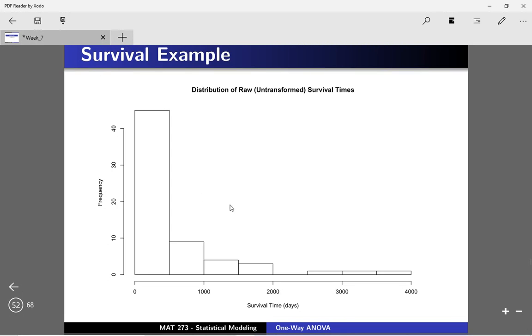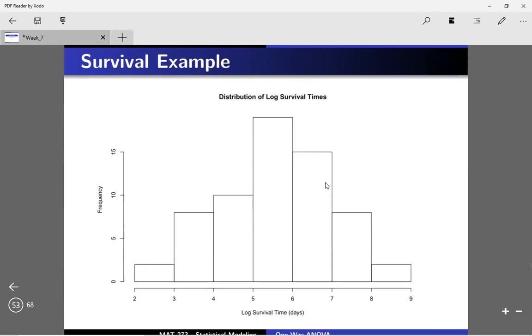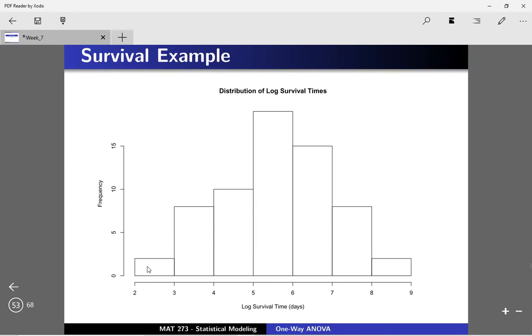So looking at this plot, it's not a very nice bell curve shape, but if we log transform, we get this nice bell curve looking thing instead. So this seems much more promising for our assumptions to be met here.